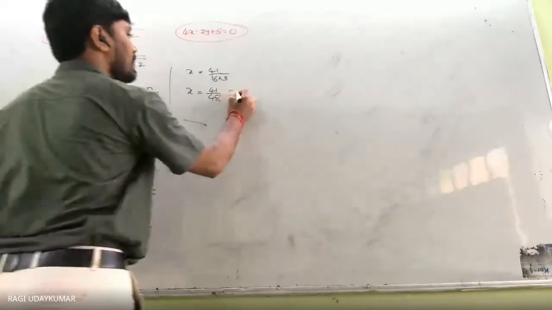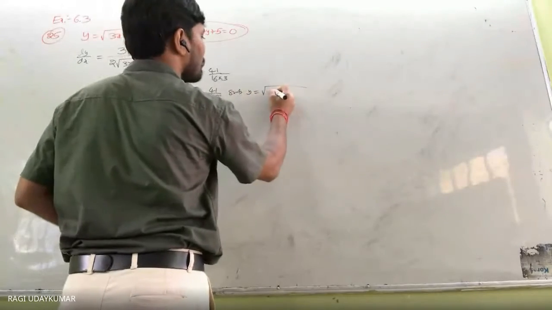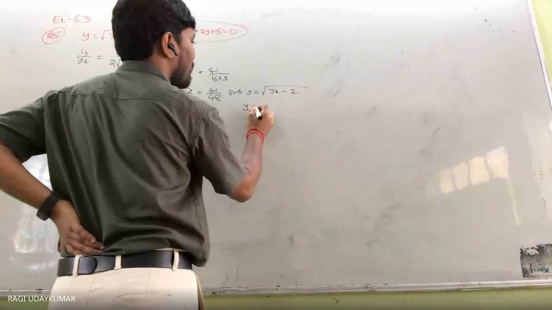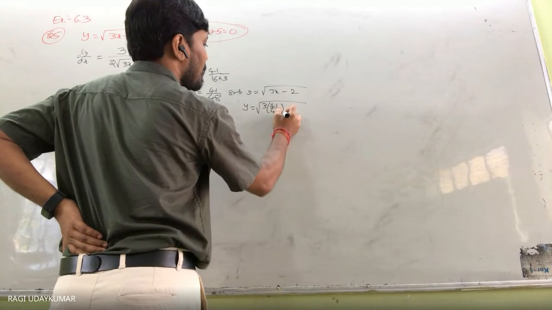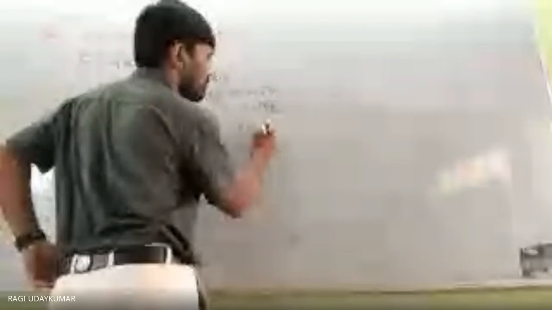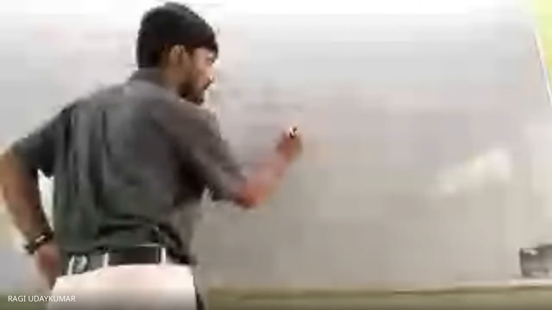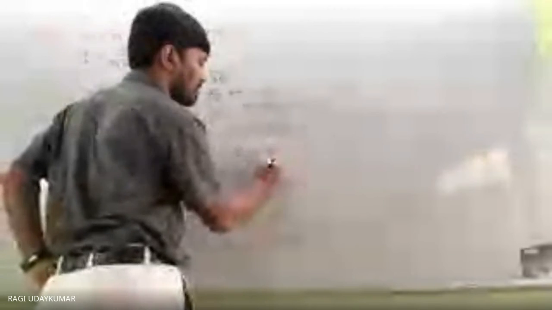So substitute this in the given y equal to under root of 3x minus 2, and the y value will come. 3 into 41 by 48 minus 2. So y is equal to under root of 123 minus 96 by 48, that is 27 by 48.